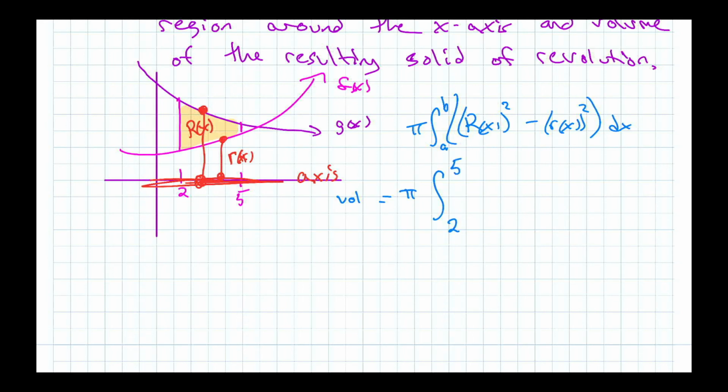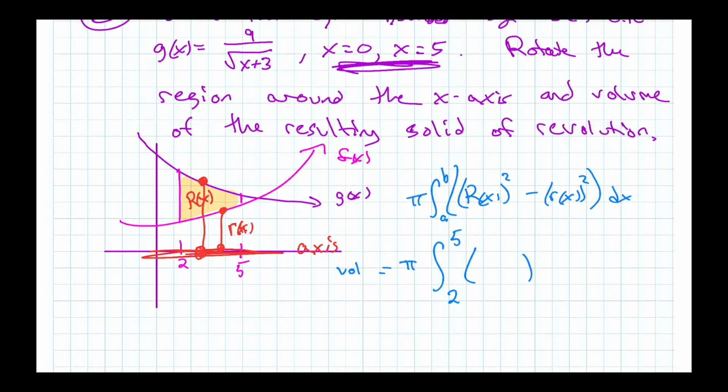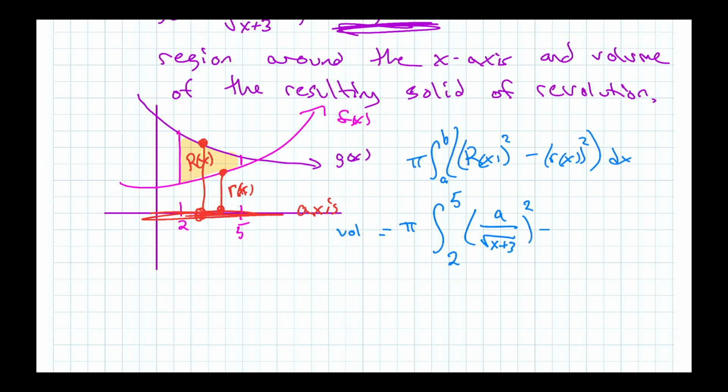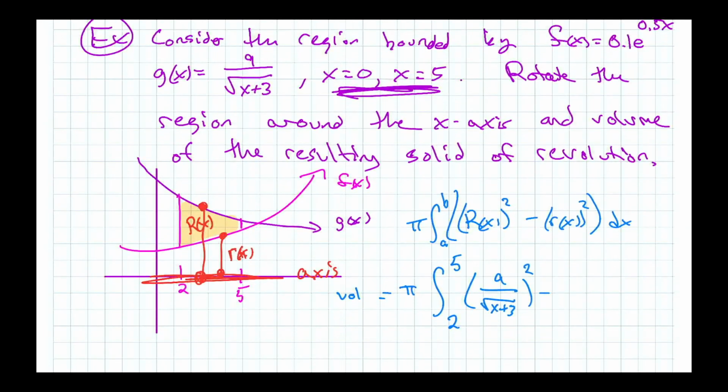The big R is g. So g is 9 over the square root of x plus 3, squared, minus little r. Little r is f, which was the exponential 0.1 e to the 0.5x, squared, dx.